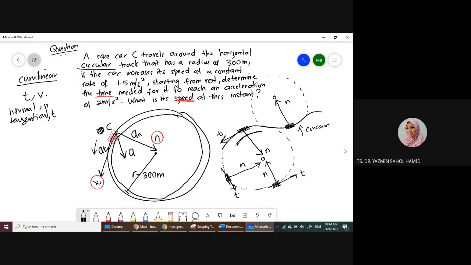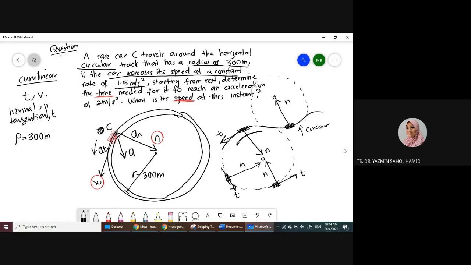The information we have is, number one, the radius of 300 meters. Radius is the same symbol as rho, so we have our rho, 300 meters. What else do we have? The car increases its speed at a constant rate of 1.5 meter per second squared.